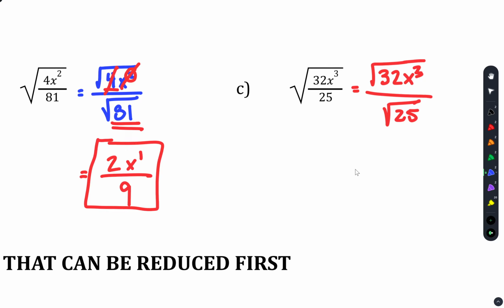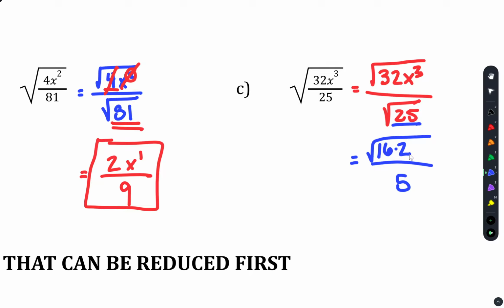The bottom, which becomes what? 5. Beautiful. Okay, are there any perfect squares up at the top already? Not yet, but we know that we can split that up. Let's start with the 32. 32 I know can split into 16 times 2. We're going to take care of that in a second.